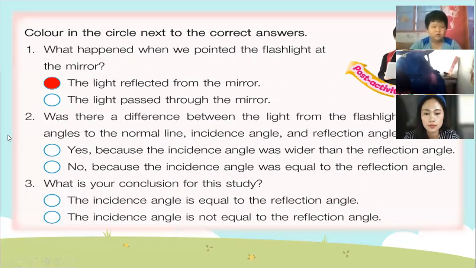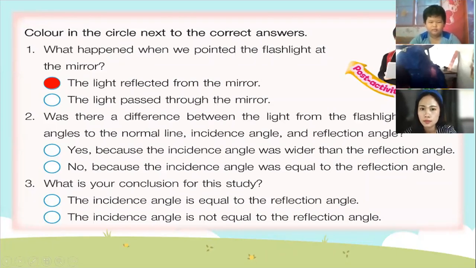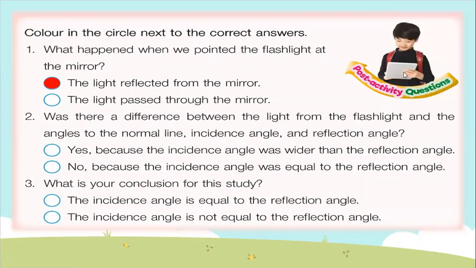Okay, question number 2. Was there a difference between the light from the flashlight and the angles to the normal line, incidence angle and reflection angle? Option 1, yes, because the incidence angle was wider than the reflection angle.